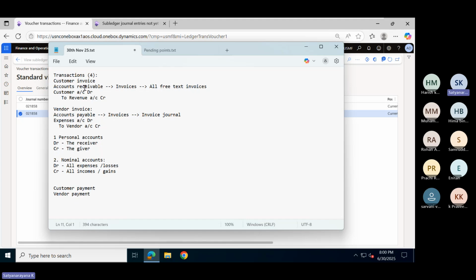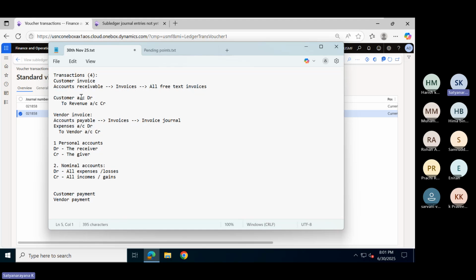So you need to practice this customer invoice, free text invoice and vendor invoice journal. Whenever you are studying BCom or MBA or whatever it may be, you may not understand this very clearly. Now you need to apply these rules in the transactions. At the time of customer invoice, customer account debit to revenue account credit.